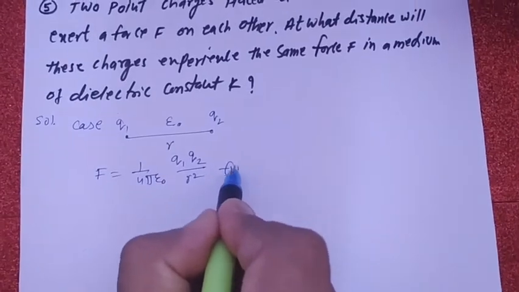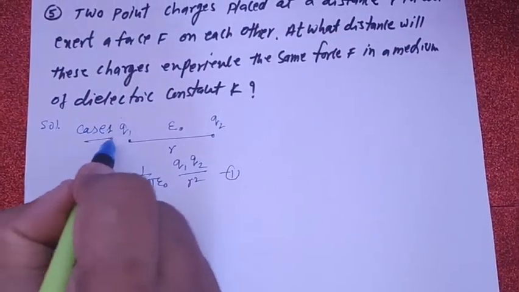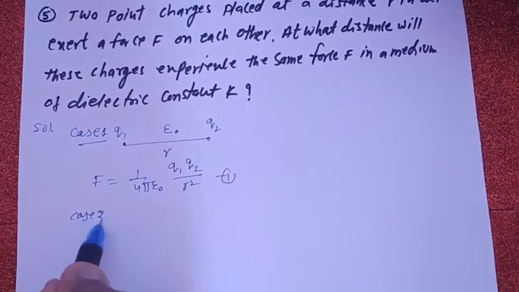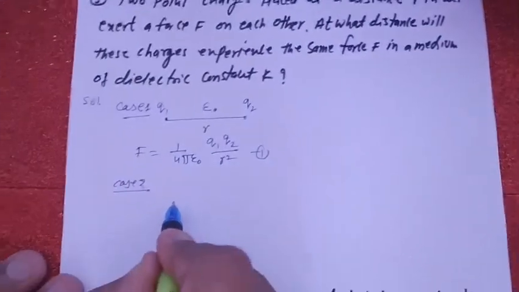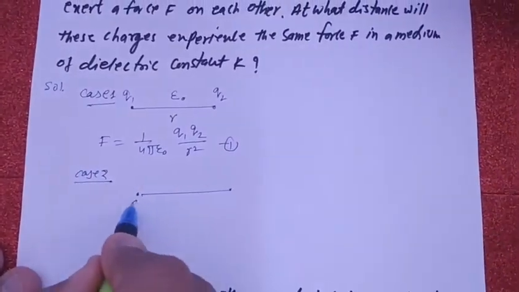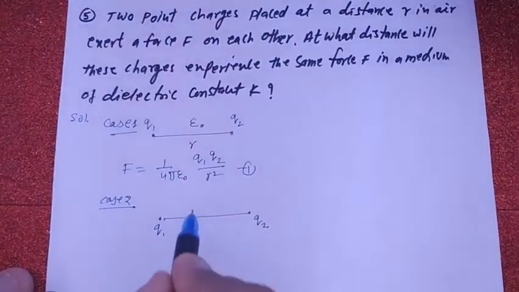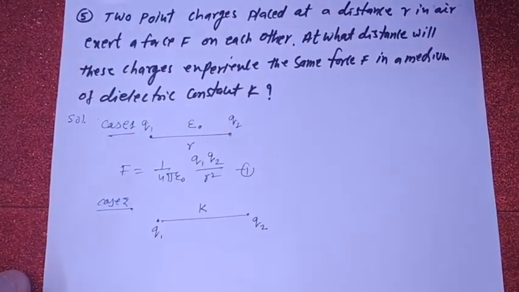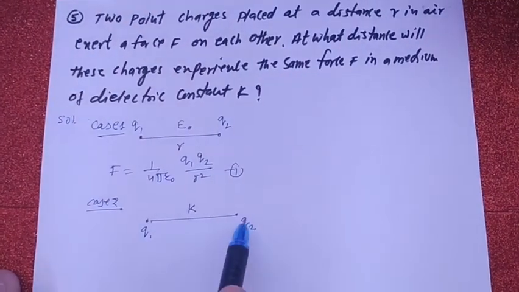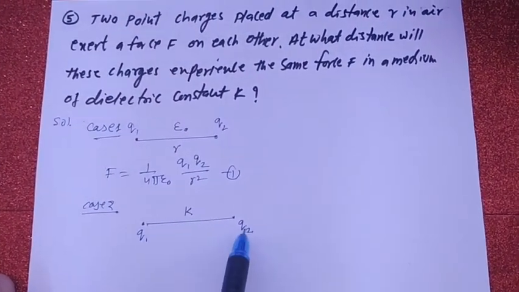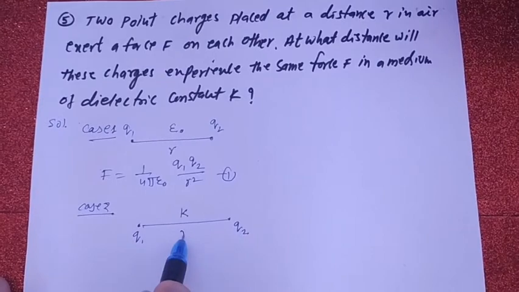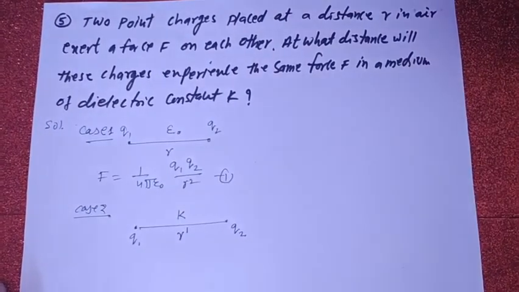This is number 1. Now in case 2, what happens next? We keep these two charges Q1 and Q2. Now we put a dielectric medium between these two charges Q1 and Q2. Now the distance is r dash.